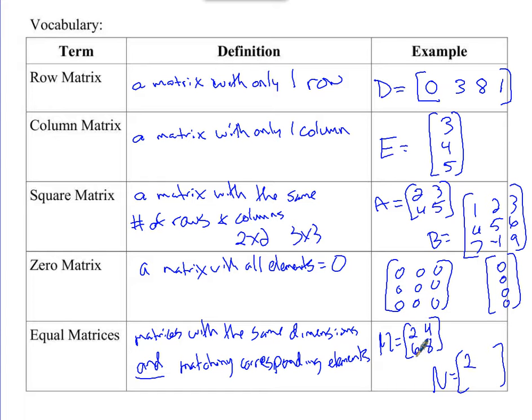M1,2 is a 4, so N1,2 would have to be a 4. M2,1 is a 6, so N2,1 has to be a 6. And M2,2 is an 8, so therefore N2,2 must be an 8. That's what an equal matrix is. Same dimensions and exactly the same elements in exactly the same positions between those two matrices.